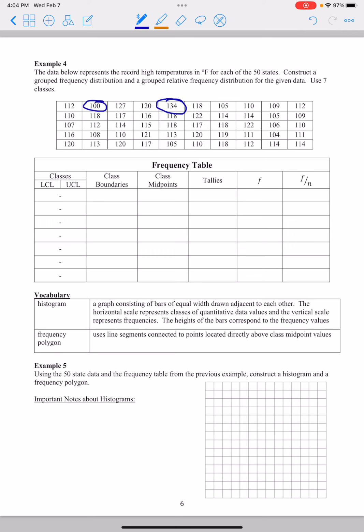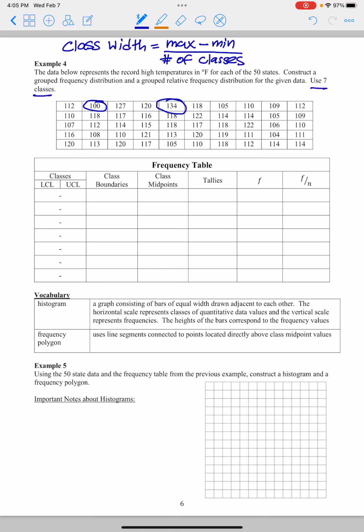So to find the class width, we are going to take our maximum value minus our minimum value and divide by the number of classes we want. Here it told us to use 7 classes.